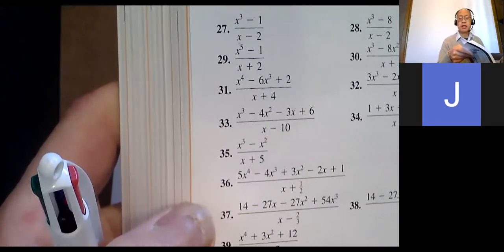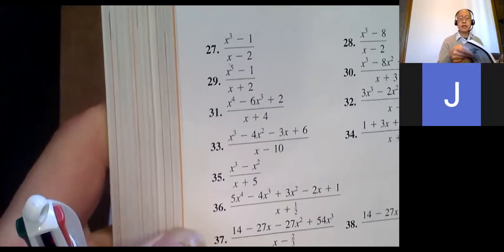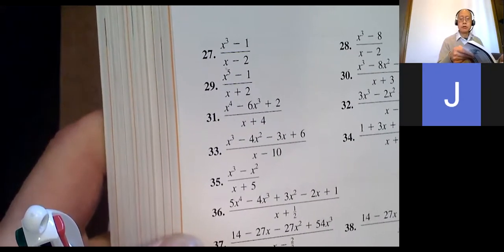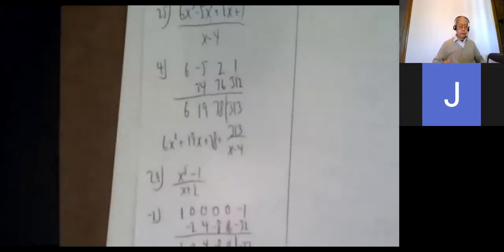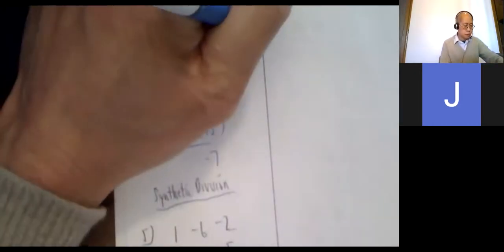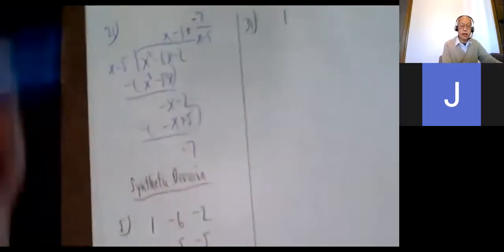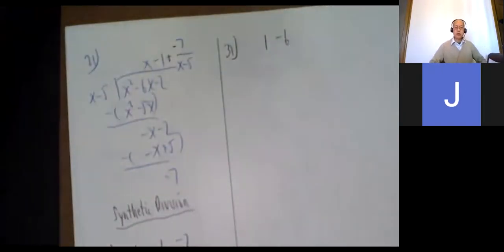31. Is anything missing? X to the fourth, 6x minus 6x cubed. There's no x squared, so that's a 0. There's no x, so that's a 0. And then 2. Okay. So x to the fourth, that's like 1x to the fourth, minus 6x cubed.